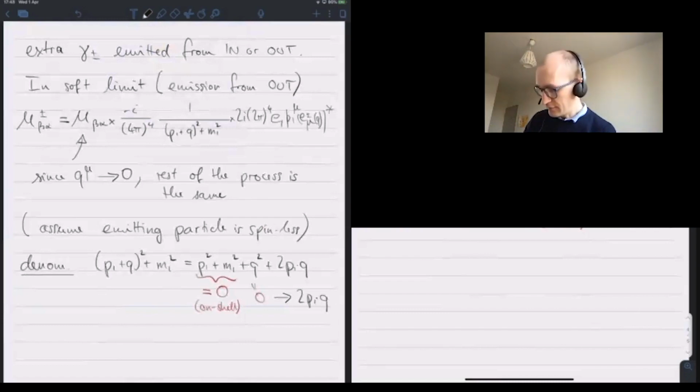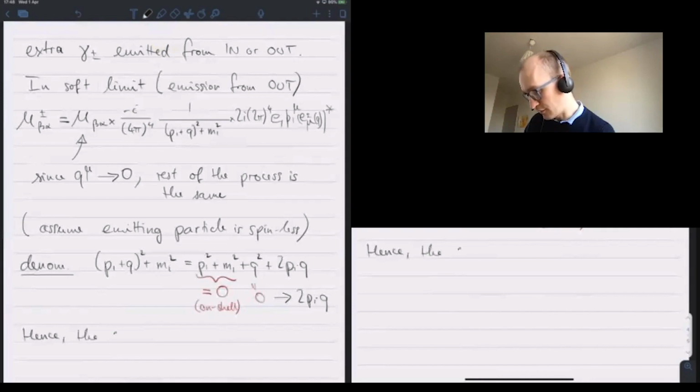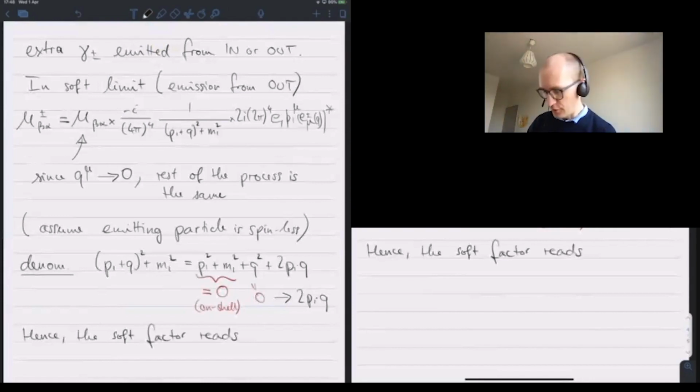So we can write the soft factor, which is what one calls these kinds of contributions. For the outline, we have M beta alpha plus or minus.